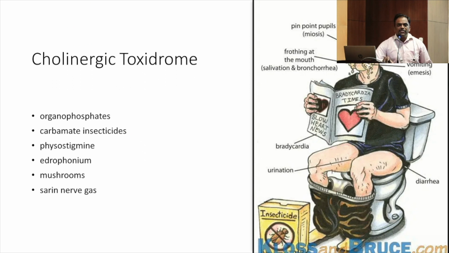So first we'll look at the cholinergic poisoning toxidrome. The chemicals most commonly associated with it are organophosphates, carbamate insecticides, physostigmine overdose, edrophonium, some types of mushrooms, and some nerve gases like sarin.